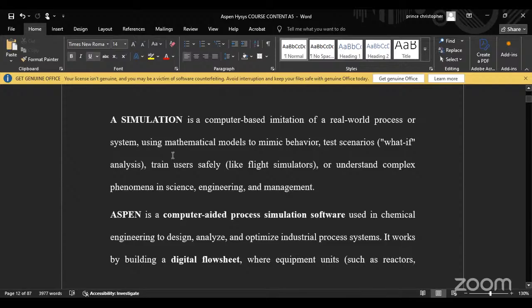How do we imitate this real-world process? By using mathematical models to mimic test scenarios like what-if analysis, train users safely, and understand complex phenomena in science, engineering, and management.